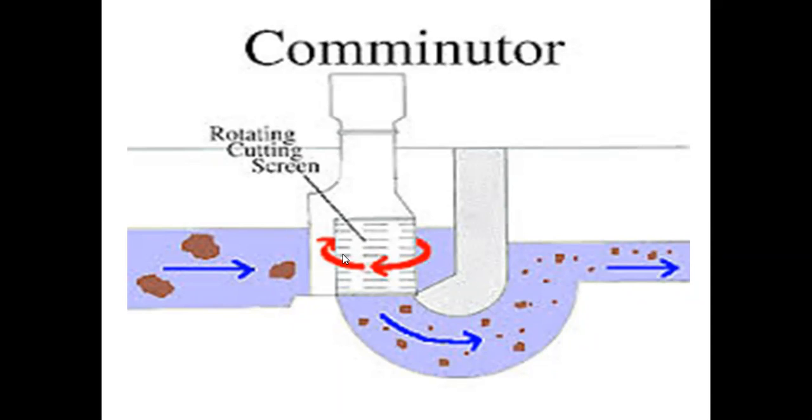The coarse material is cut by cutting teeth and the shear bars on the revolving drum as the solids are carried. Full stop.